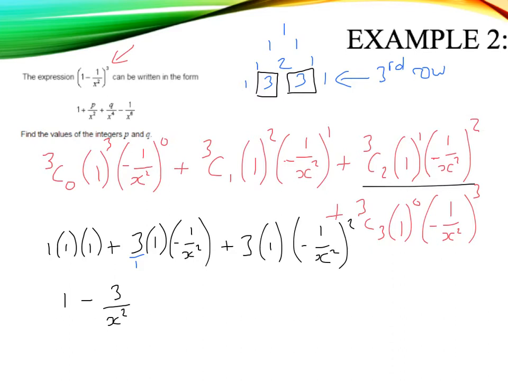So what we've got is 1 squared, if you'd like me to do this over here, and minus x squared, squared. So we've got 1 over x to the 4. So this part becomes 1 over x to the 4, but I'm multiplying by 3. So 3 over x to the 4.